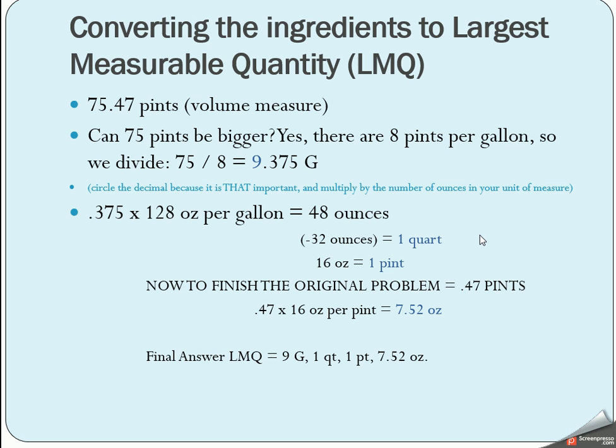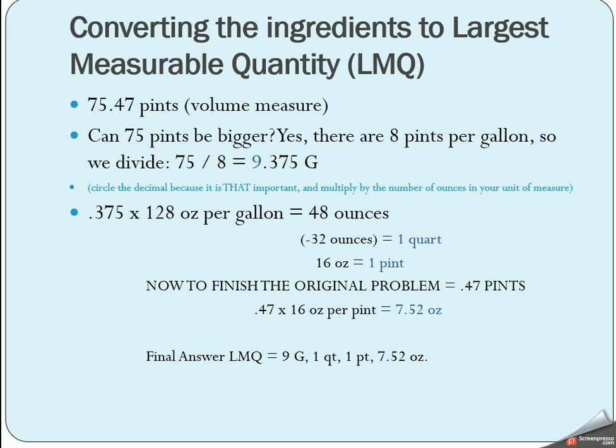Finally, if I have 75.47 pints in volume measure, I look at that first number and I say, wait a second, can 75 pints be bigger? Yes. There's 8 pints in a gallon, so I can divide 75 by 8, and that'll give me 9.375 gallons. So I have to take that 0.375 and multiply it by 128 ounces per gallon.